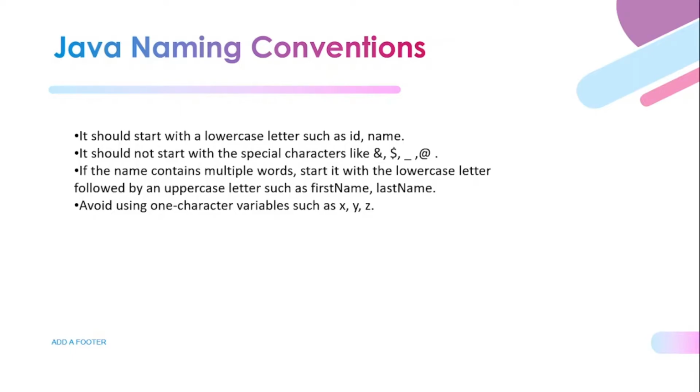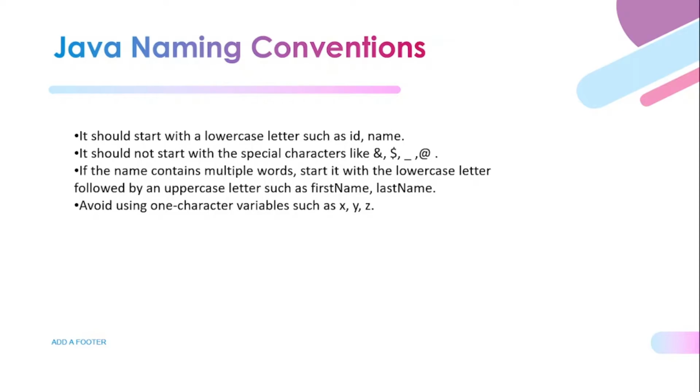If the name contains multiple words, start the first word with a lowercase letter and other words with a capital or uppercase letter. You can see here first name and last name with a capital N and small f and small l. Avoid using one character variables such as x, y, z or i, j, a.